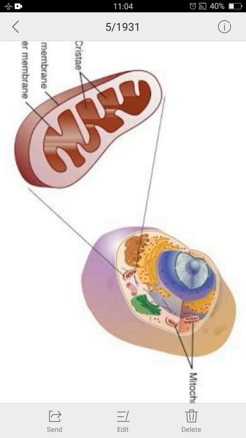Generally, the mitochondrion can also divide by a process called as fission. How come a cell organelle can produce new organelles? How come it is possible? Generally cells can divide, but a cell organelle is dividing here.